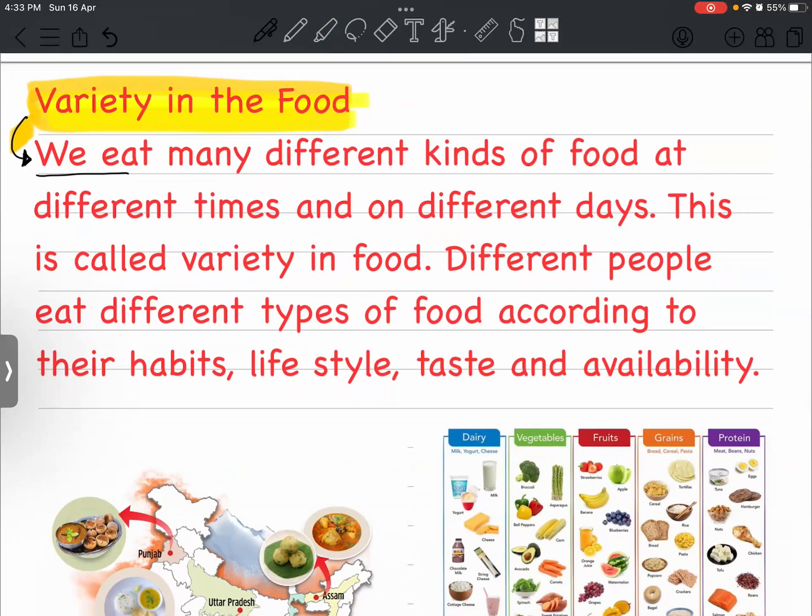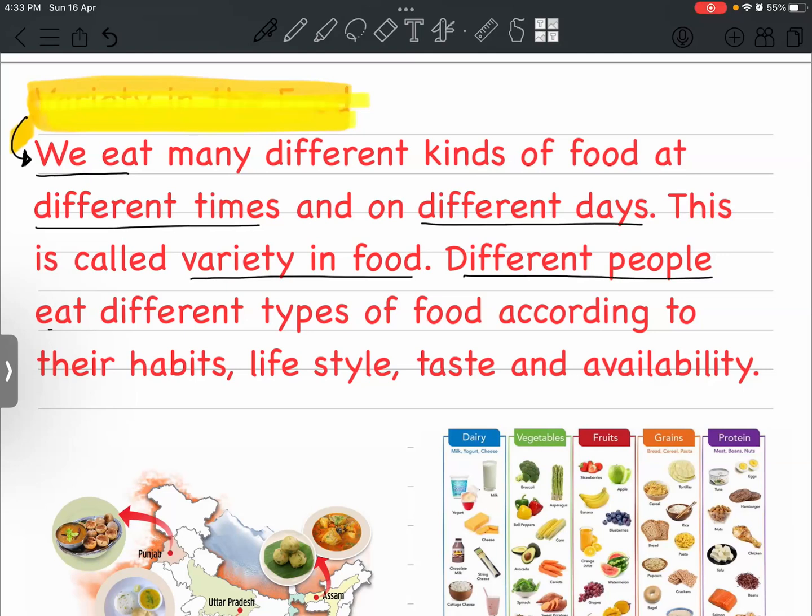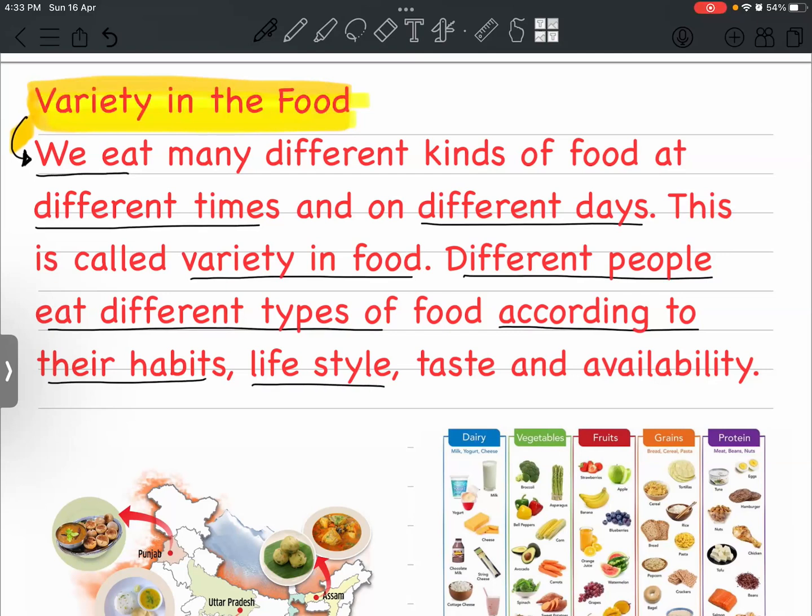We eat many different kinds of food at different times and on different days. This is called variety in food. Different people eat different types of food according to their habitats, lifestyle, taste, and availability.